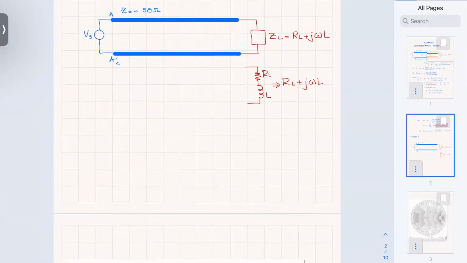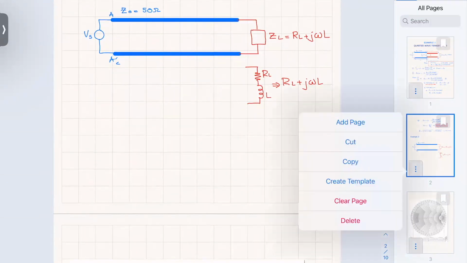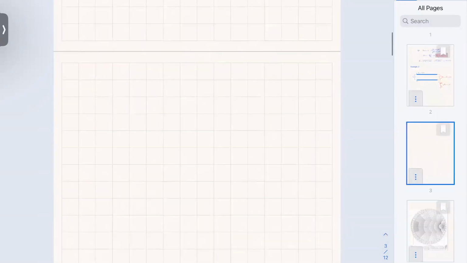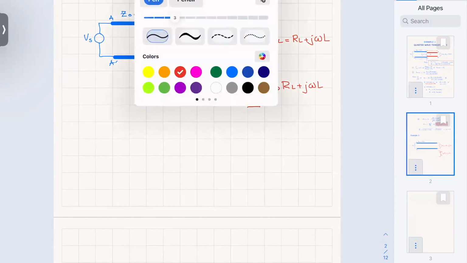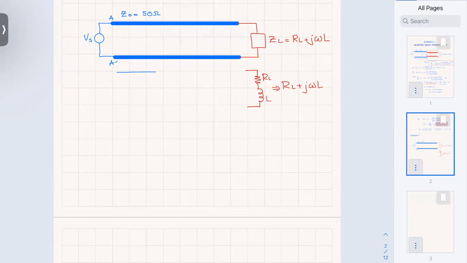And let's assume that I'm giving you now that Z naught equals 50 ohms. I'm giving you that this one here has a length. We're not going to do anything specific with this, but we just want to know that we have enough length on the line to move, because we're going to do it with a Smith chart.